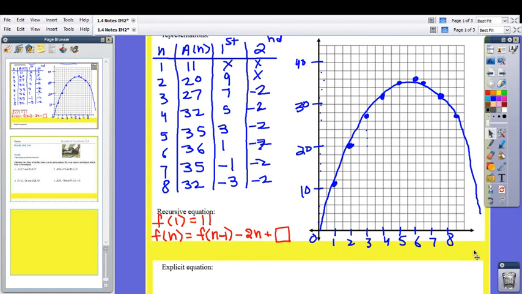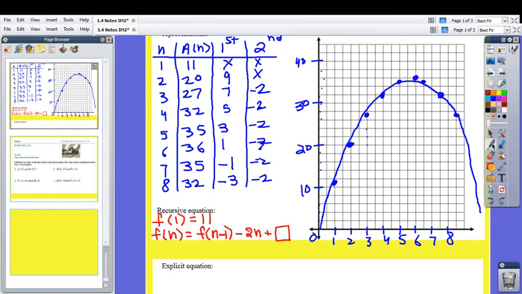So you figure this out by plugging in the f of 1, 11, and finding that out. If f of 2 we need to calculate, then f of 1 is 11, so we'll put 11. Okay, now we added 9 to that. And this 9 should be the same as this guy, so 9 should be negative 2n.